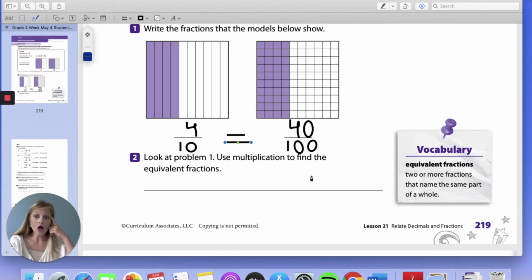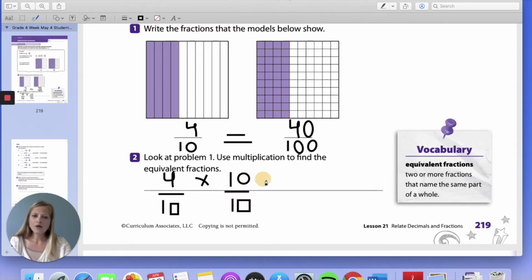Now, if you recall at the beginning of this video, just a few seconds ago, I said that if we're using fraction multiplication to find equivalent fractions, we are going to be multiplying by 10/10 when we're going from tenths to hundredths. So let's go ahead and do that. So we're going to do 4/10 times 10/10.